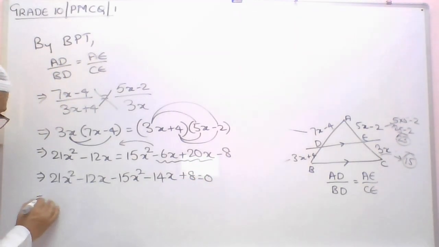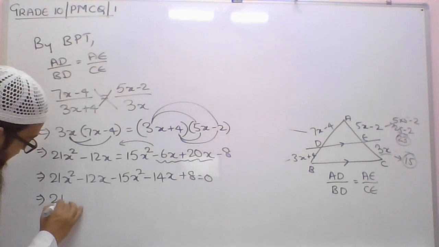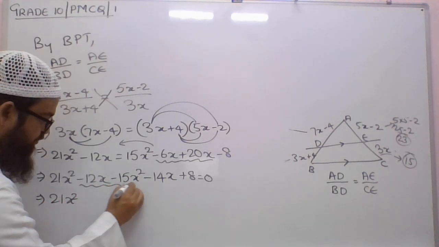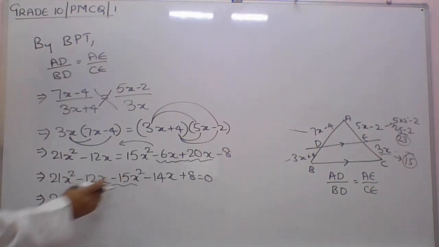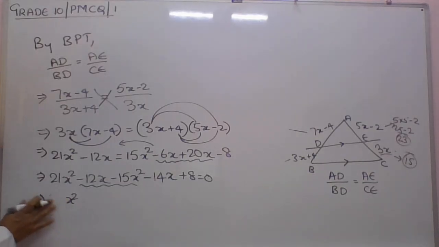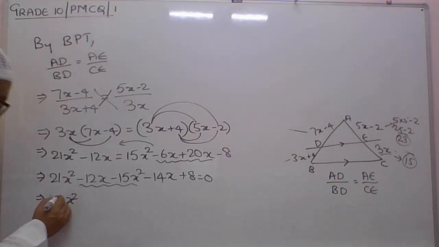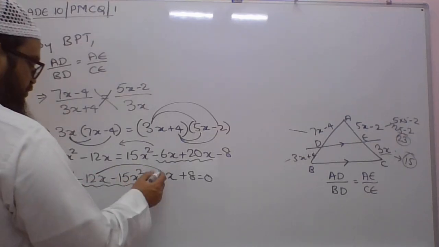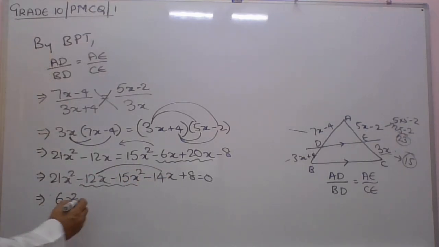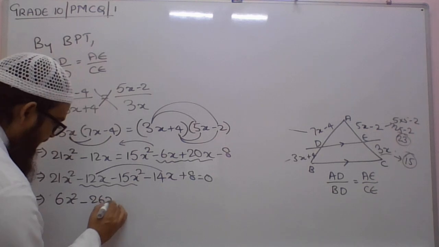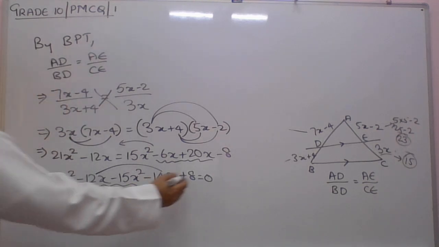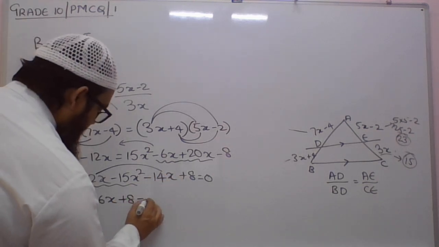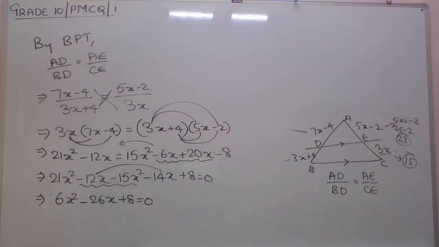Okay, so what is left out here? 21x square minus 15x square, 21 minus 15, how much? 6x square, right? And minus 12 minus 14, minus 26x. Is it right? And plus 8 is equal to 0. So we got a quadratic equation.